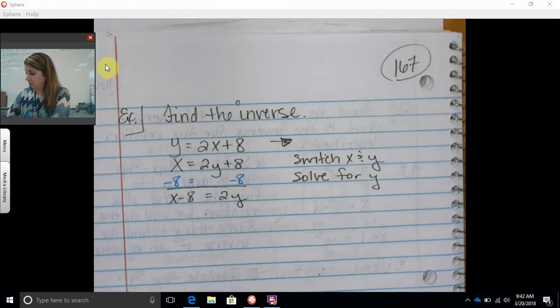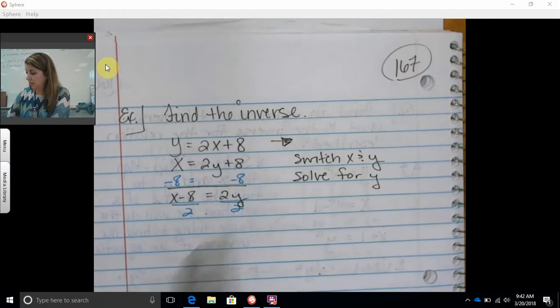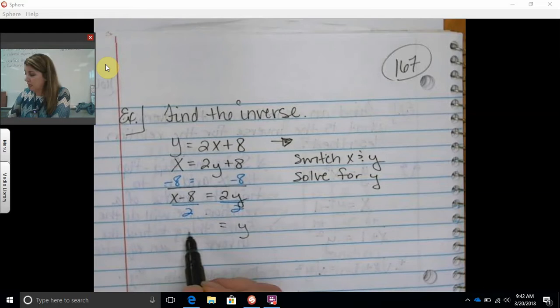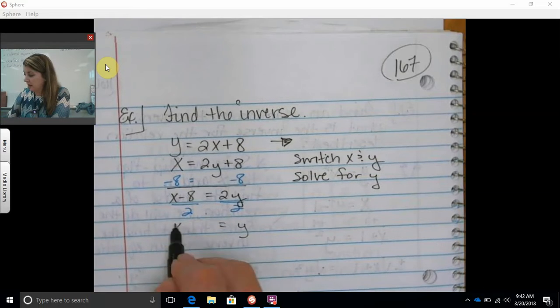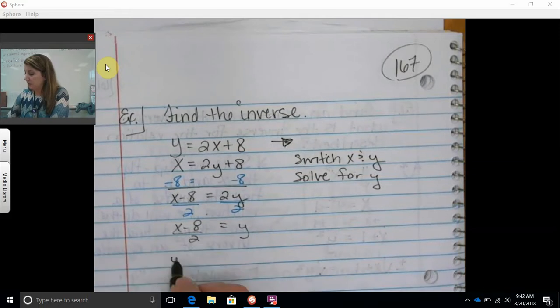Divide by 2. So on the right side, I have y. On the left side, now me personally, I would probably divide those separately because I can write it as y equals x minus 8 divided by 2. But I like to separate it, especially if I want to go and graph that. So I'm going to go and put the y on the left.